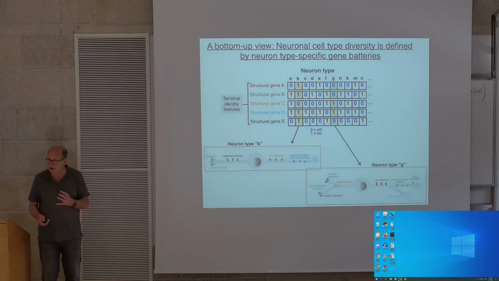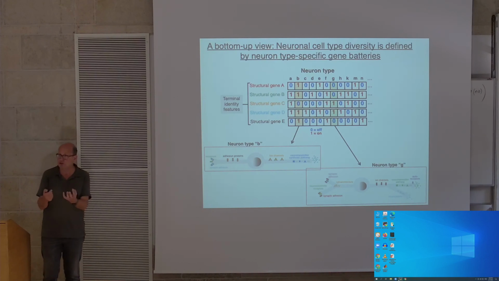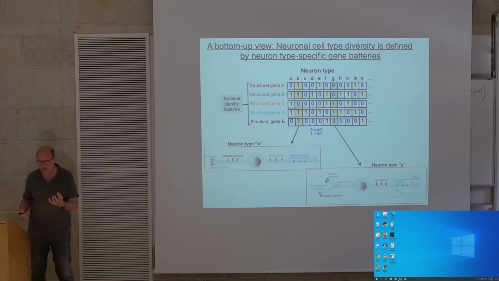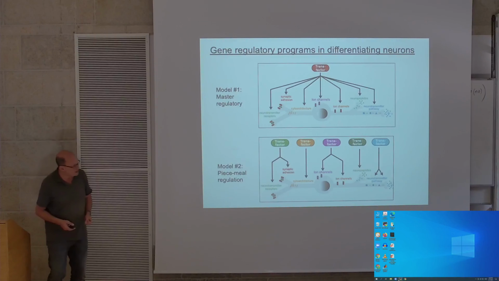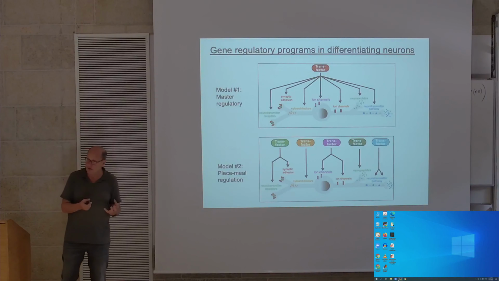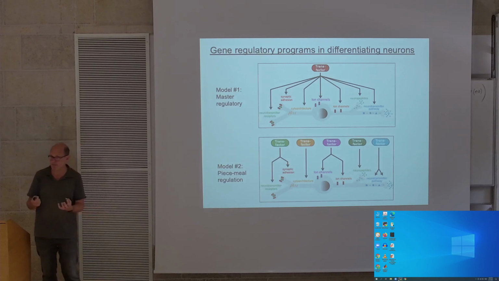Okay, so now if you take a step back here and think about an individual neuron class and think about the very different molecular processes that go on in a neuron and the different proteins, the different machines that execute these different functions, if you think about their regulation, how do they become turned on in specific cell types? You can think about it in two fundamentally different ways.